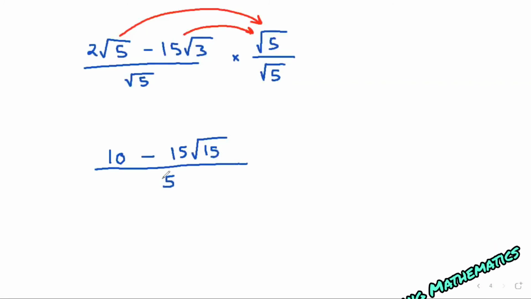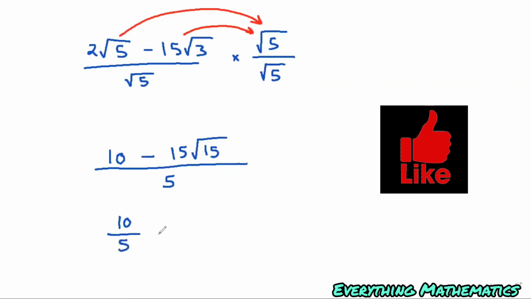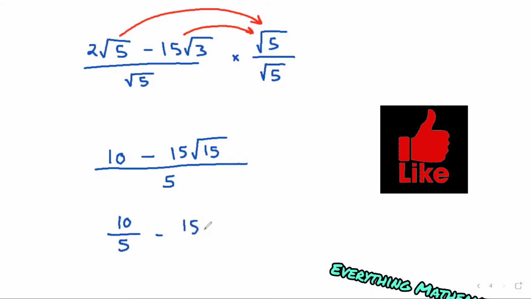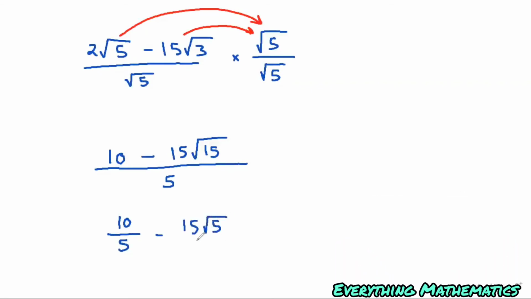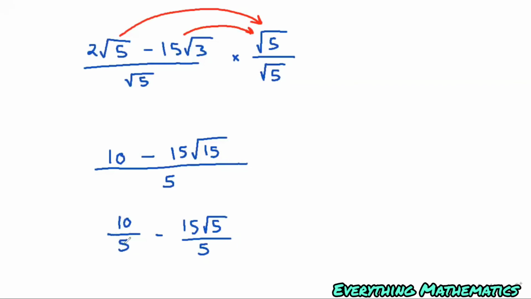And yep, I think that is as far as we could go. Nope. This could actually simplify further. So this could actually go down to be 10 over 5 minus 15 root 15 over 5. And here we could break down the 5.